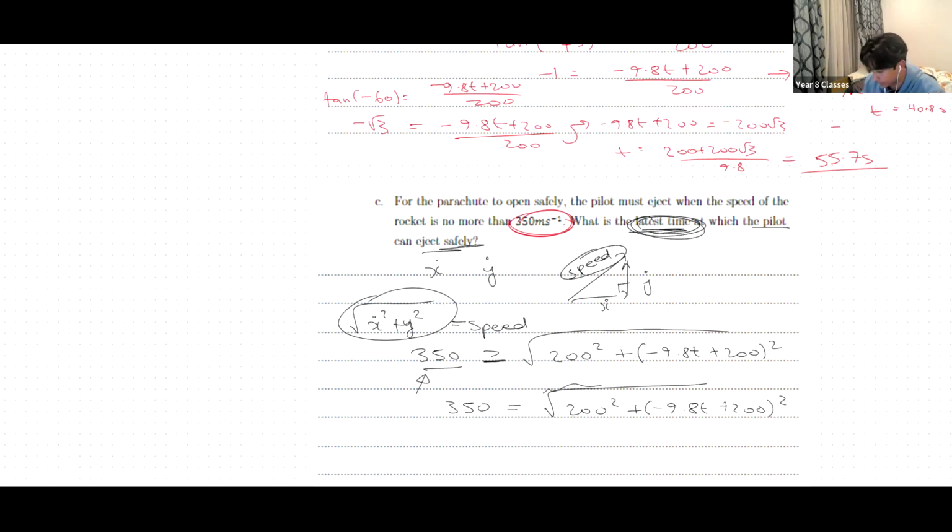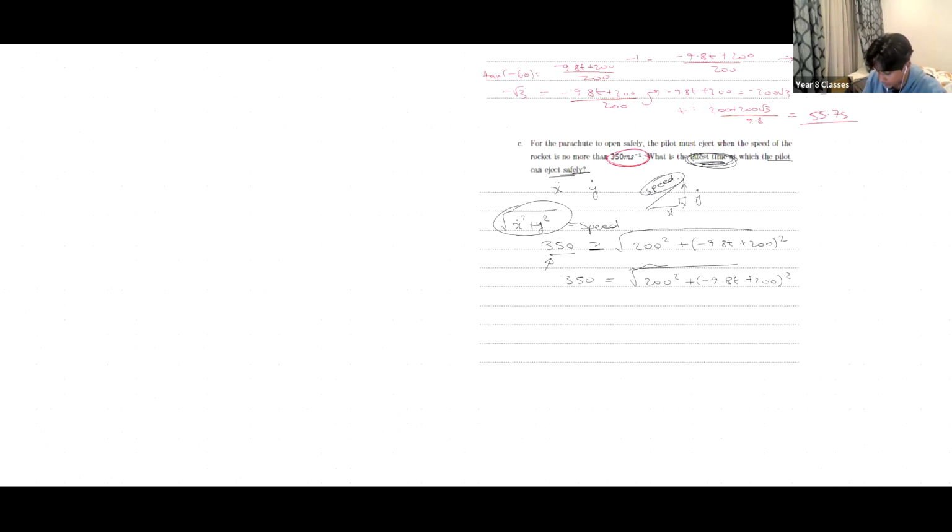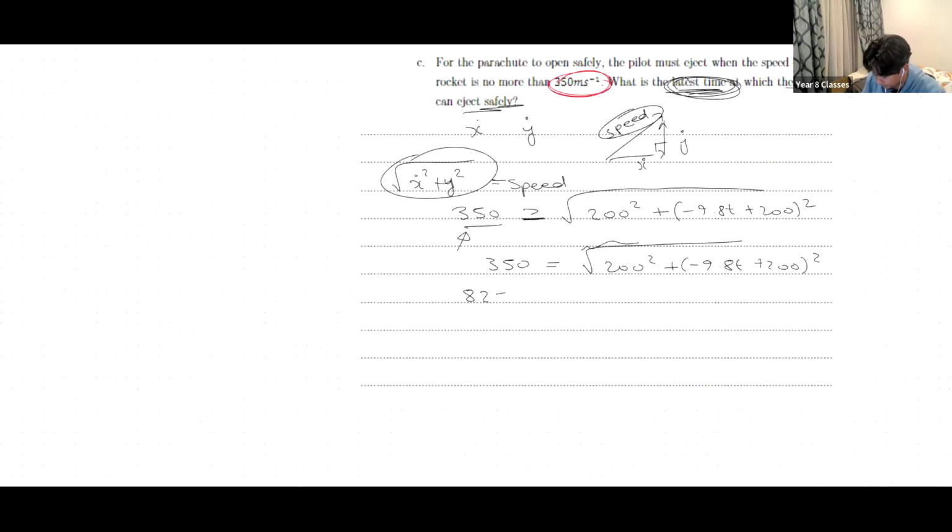350 squared is equal to 200 squared plus 200 minus 9.8 t squared. I'm just going to bring the 200 squared over here, so I can avoid expanding this.